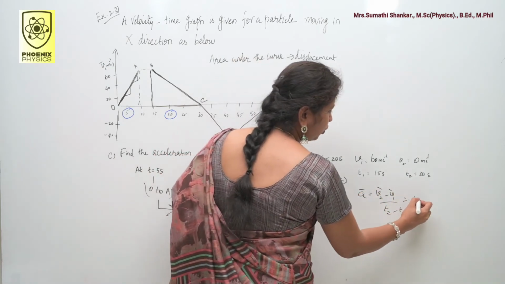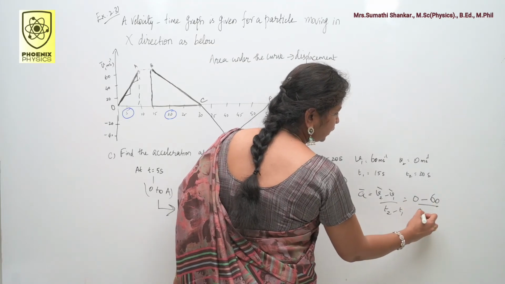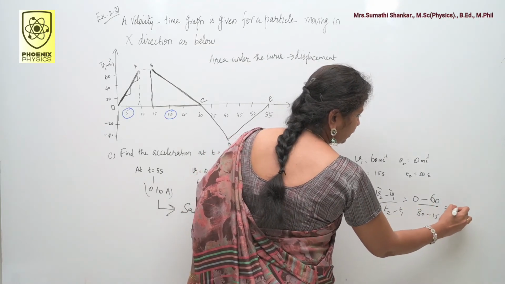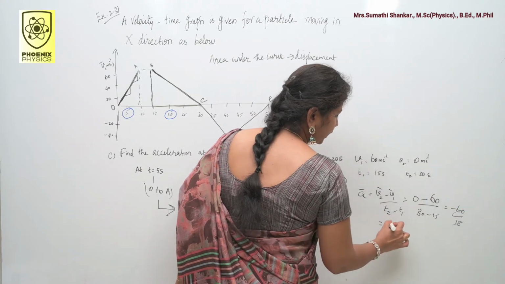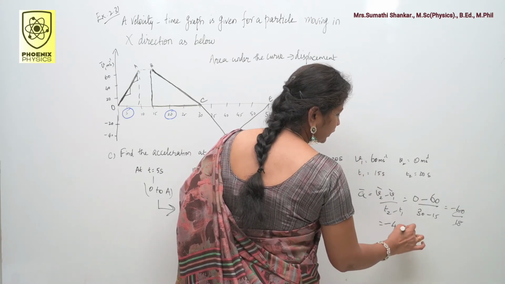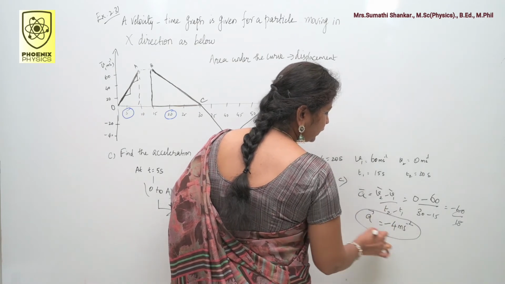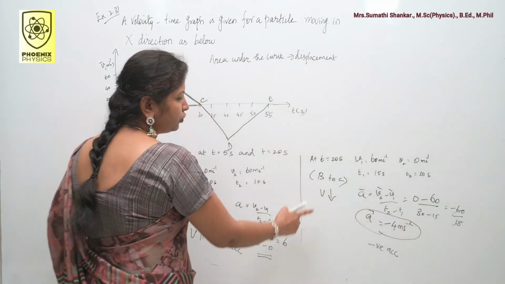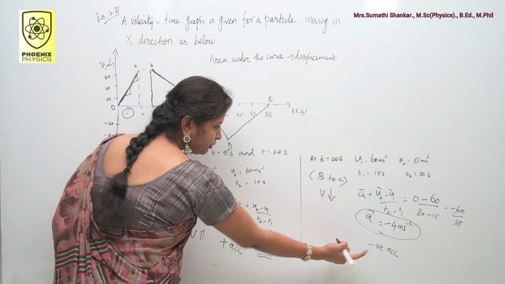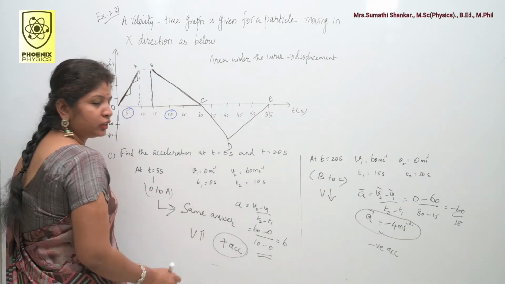V2 is 0 minus 60, divided by T2 30 minus 15. So minus 60 divided by 15, you get minus 4 meters second minus 2. This is our answer. Here you get negative acceleration. So V decreases means negative acceleration, V increases means positive acceleration.